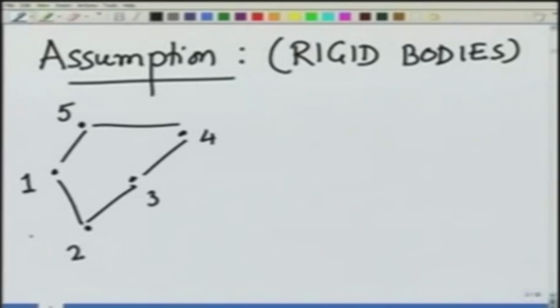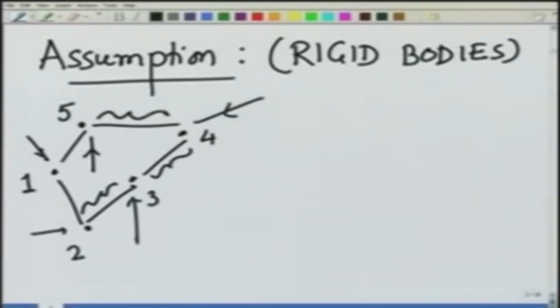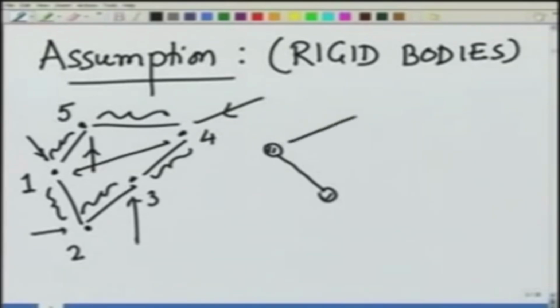When I apply different forces on each of the particles, the distance between two particles remains unchanged. These distances remain fixed. Similarly, distance between this and this, distance between this and this particle, and so on. In other words, in the previous example where I took one rod, one particle here, and there was a spring here, I replaced this spring by rods that cannot change their length.